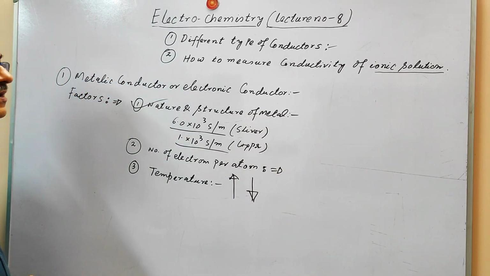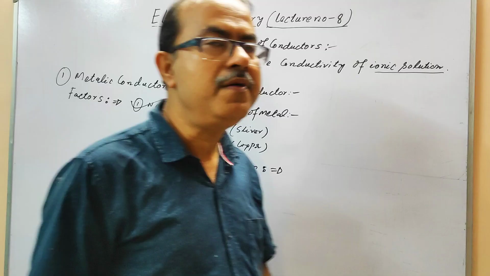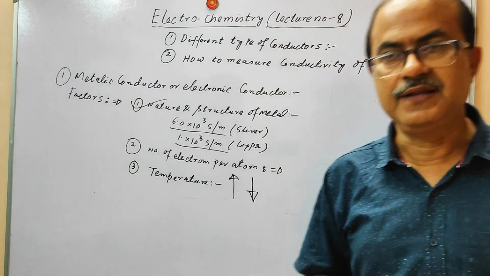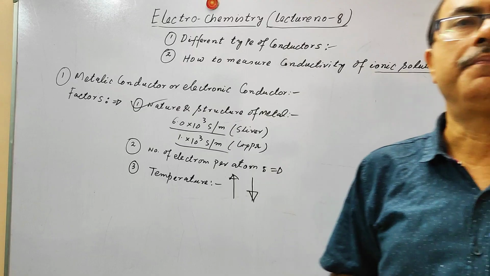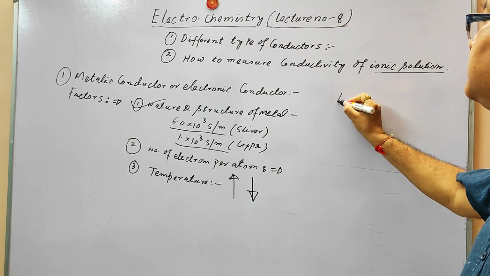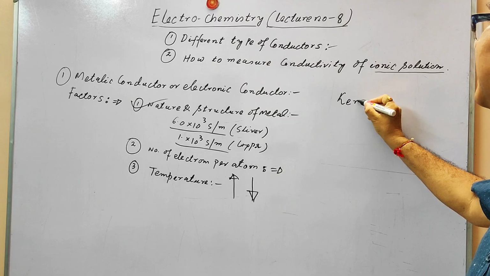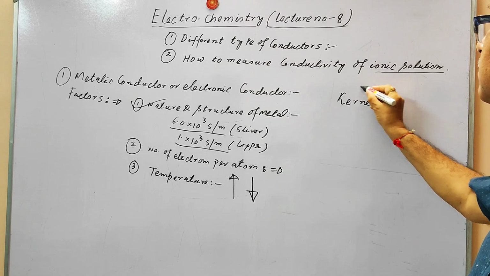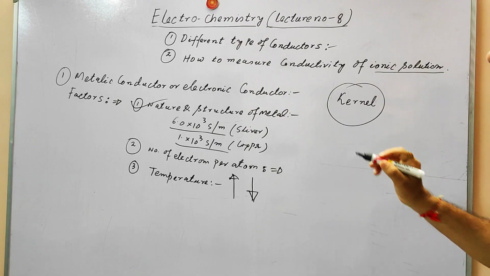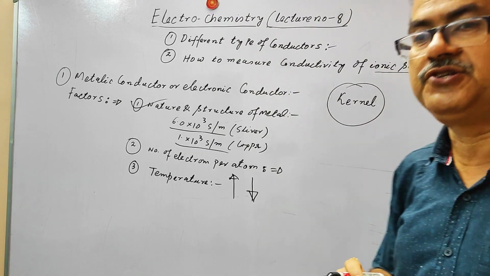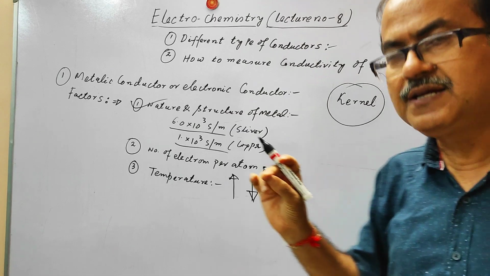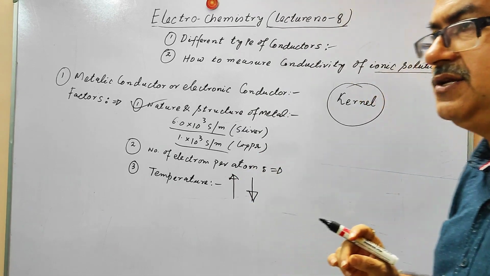What is the reason behind it? When the loose electrons leave the atoms, what is going to happen? The atom will be positively charged, and this positively charged atom we call the kernel. When the temperature is increased, this kernel will vibrate, and when it is vibrating, it will restrict the flow of the electrons in its path.